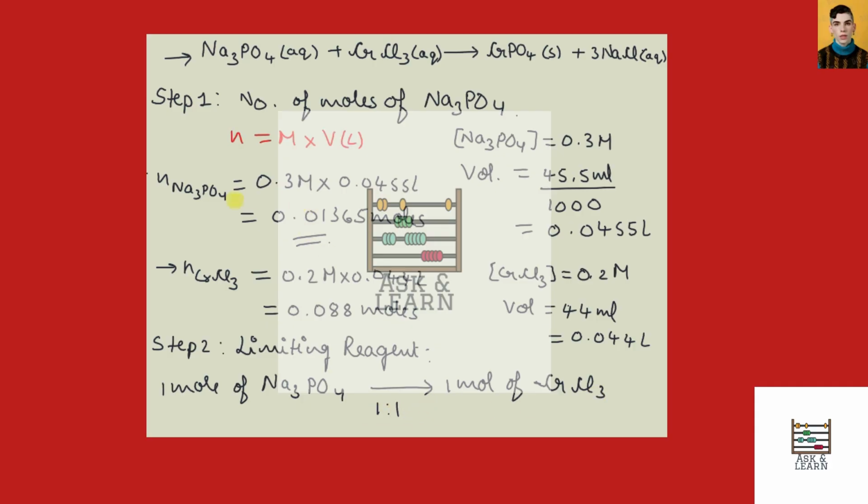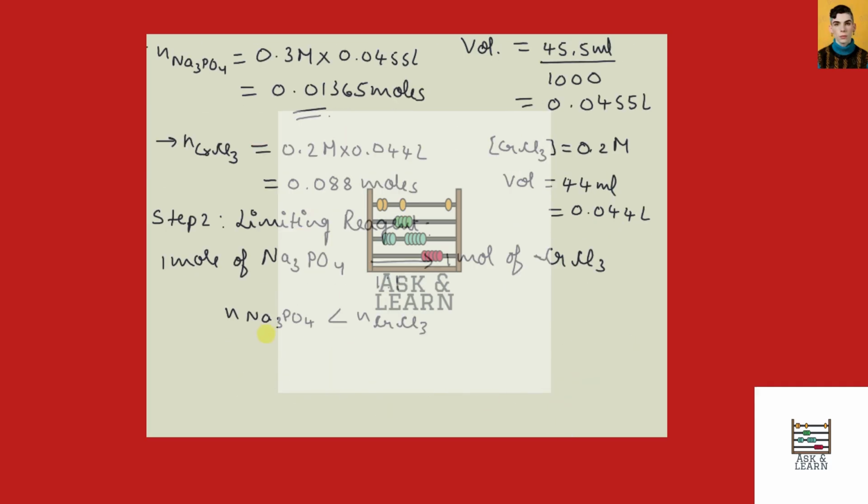But as we can see here, the actual number of moles of Na3PO4 is 0.01365 moles. So the number of moles of the CrCl3 should be equal to the number of moles of Na3PO4, but here the number of moles of Na3PO4 is less than the number of moles of CrCl3.